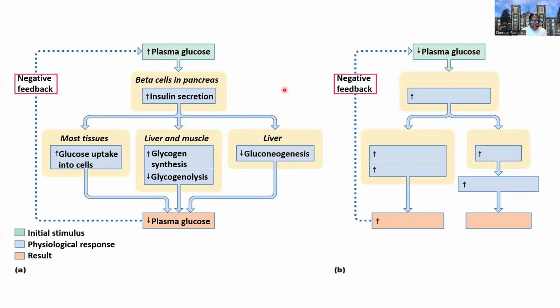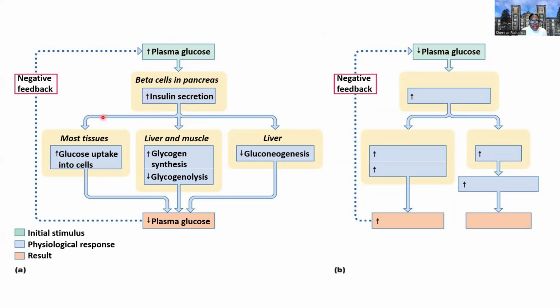Now, if we look at the trigger of glucose release, so let's look overall at what happens when the body ingests a lot of glucose, and that is absorbed into the blood. So the first trigger is for insulin to be secreted from the beta cells.